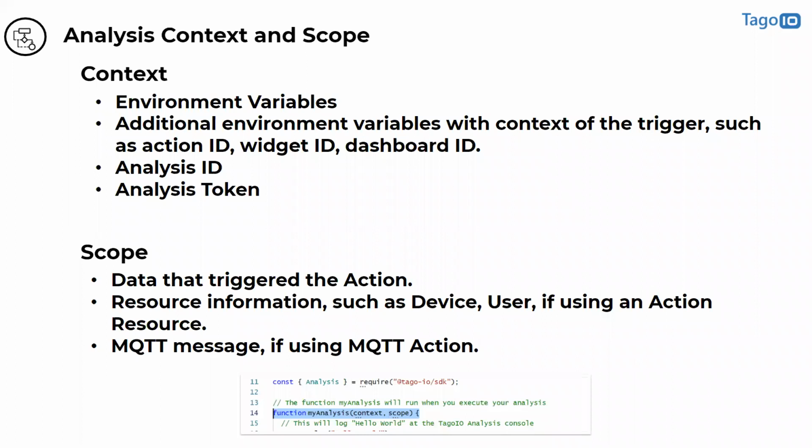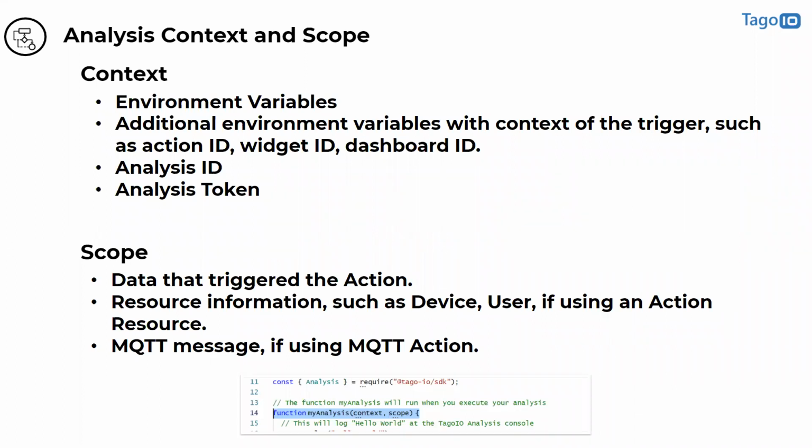You will even have additional environment variables with the context of the triggers that occurred for your analysis. That means if the analysis was triggered by an action, you will have the action ID, the action resource, the action variable, etc. If it's a widget, you have the widget ID, the dashboard ID, and button IDs, etc. that are configured from the widget.